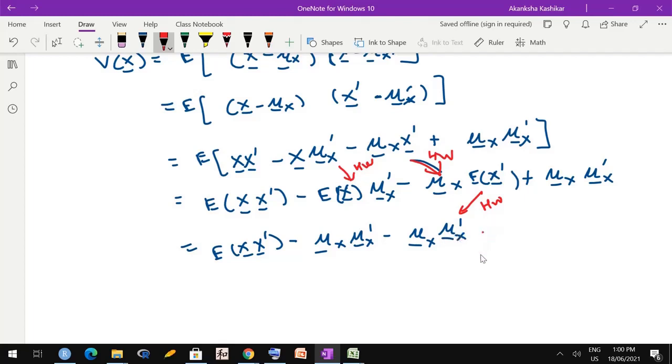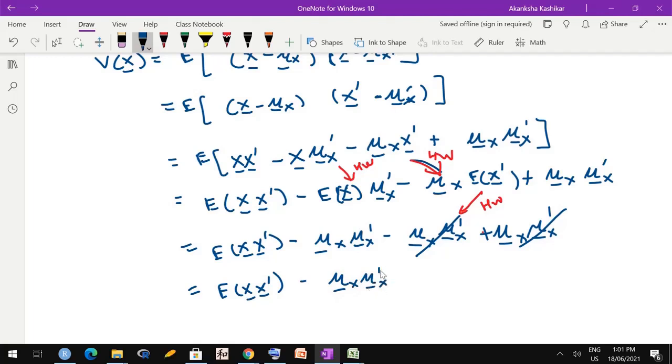Plus mu x mu x prime is as it is, so this would get cancelled. This is similar to the simplification in the univariate setup: x square is becoming x x prime, and mu x square is becoming mu x mu x prime.